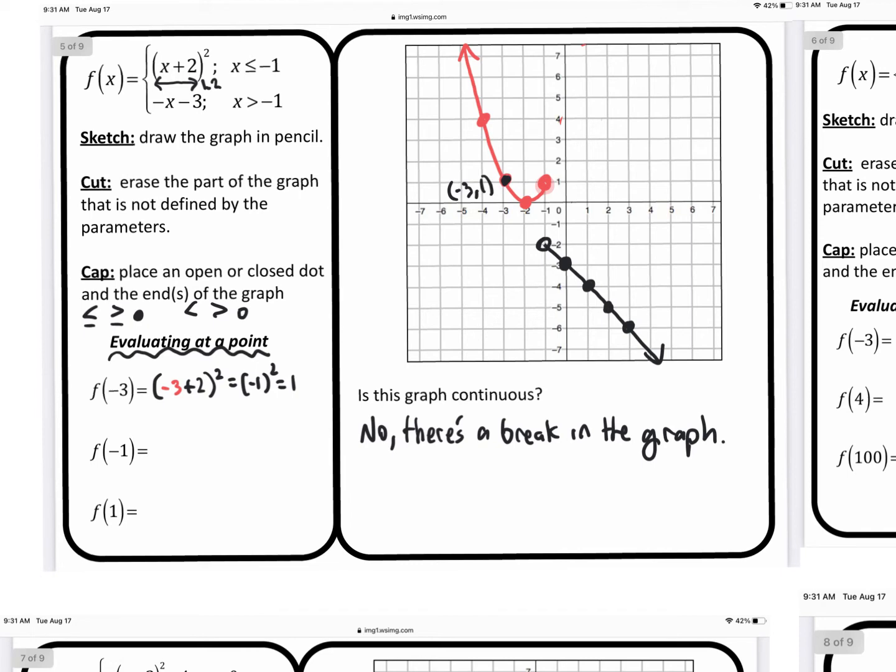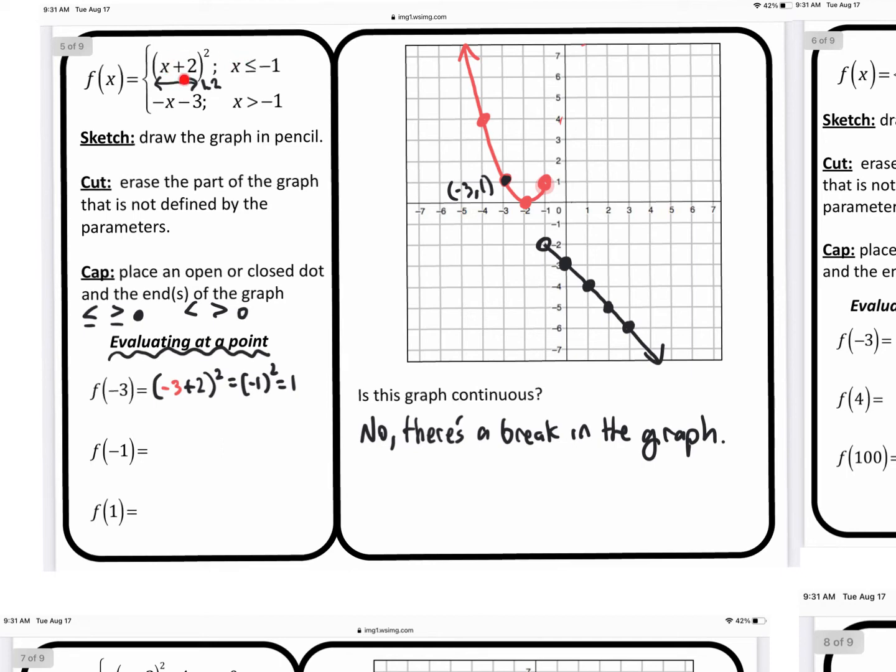Okay, now we also have this guy right here, and this is where it kind of gets tricky. It's where the less than or equal sign is going to come into play. So if I plugged in -1, is -1 less than or equal to -1, or is it greater than -1? Well, that's where that equal sign in the bottom comes into play, because -1 is going to be equal to -1.